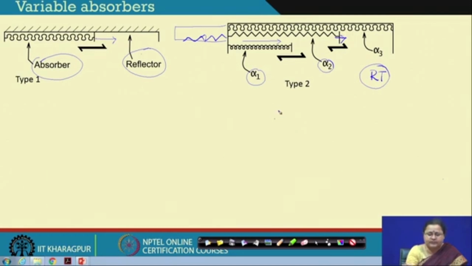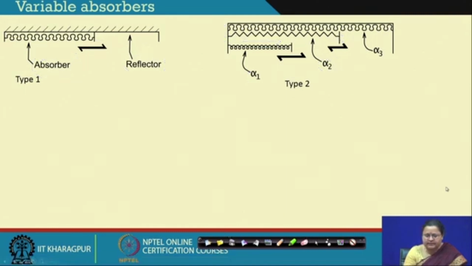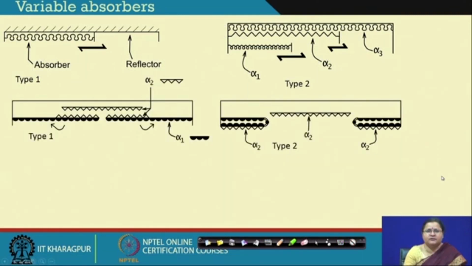So, let us see some more examples. One was to slide out, slide in absorbers. Now, here you see you can have hinges. So, this is position 1.